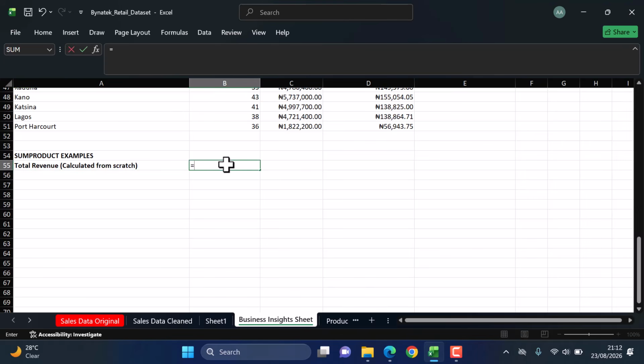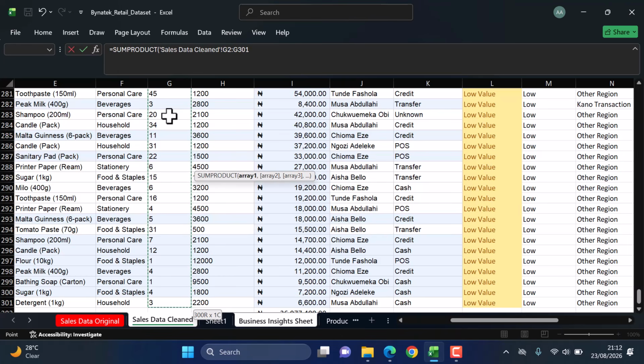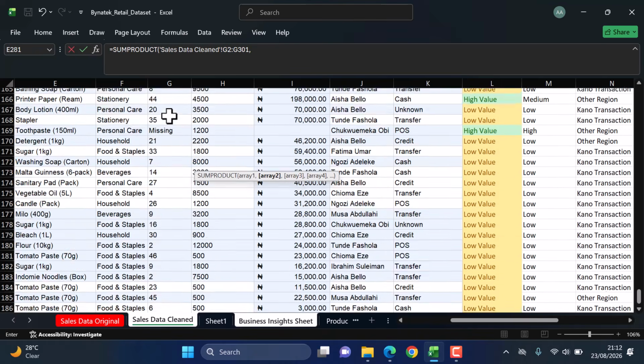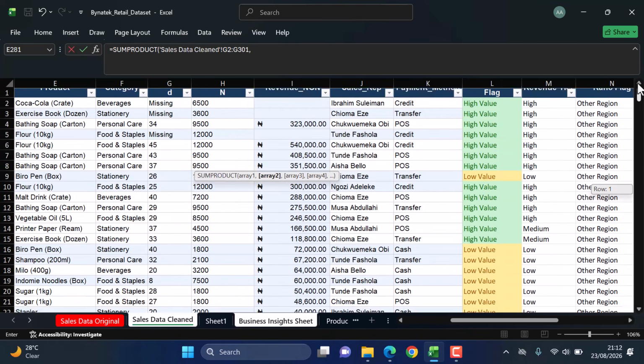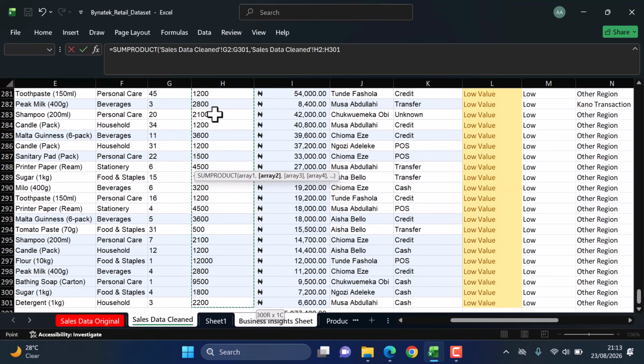It's equal to SUMPRODUCT, and then we go to our data sheet and select, this time not the whole column, just where there is data, comma, which is the units sold, comma, and then we select unit price as well. Once we are done with that, we close it.